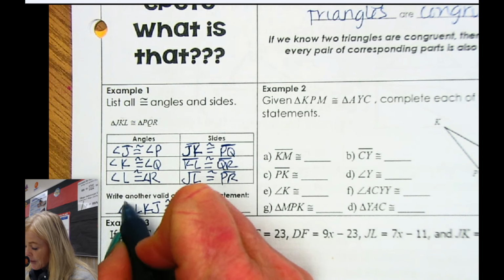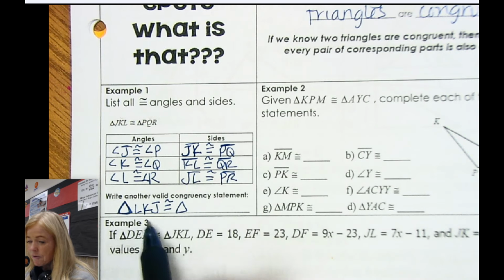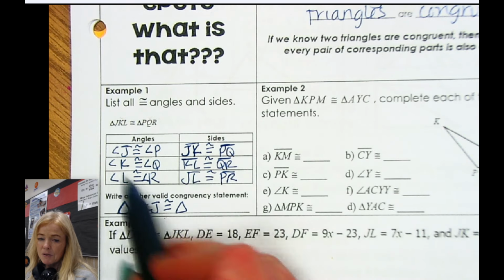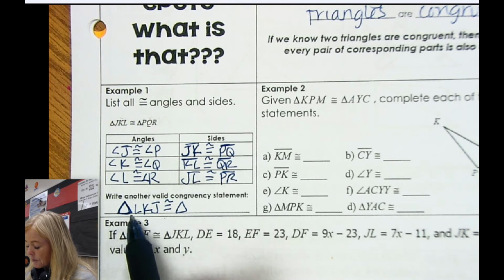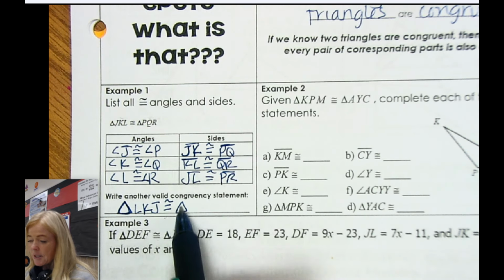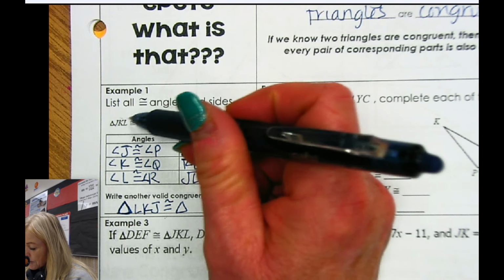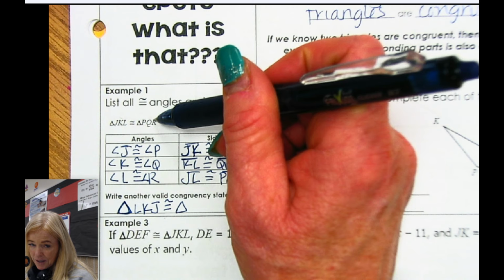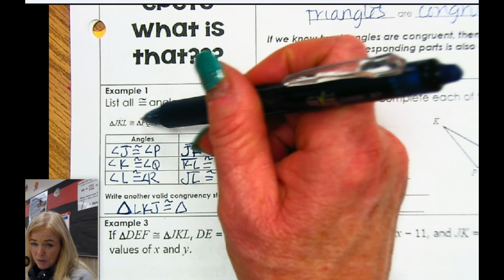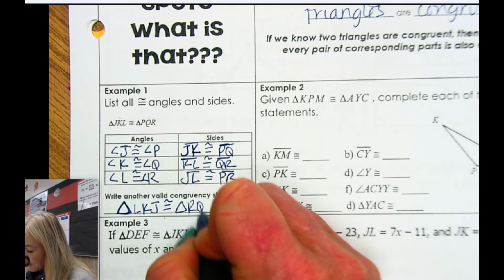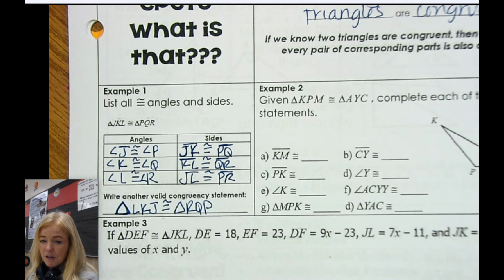Now notice we have triangles out front. That's to distinguish it from an angle, because we could have angles, we could have triangles. So LKJ, that means I have to go exactly in the same order, backwards, RQP. And that would be another valid congruency statement.